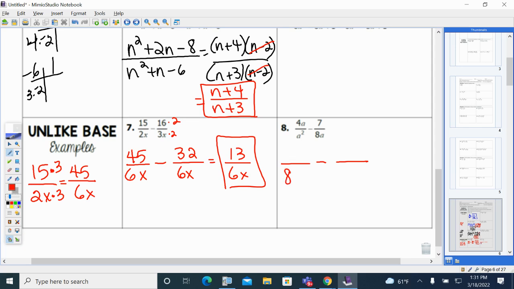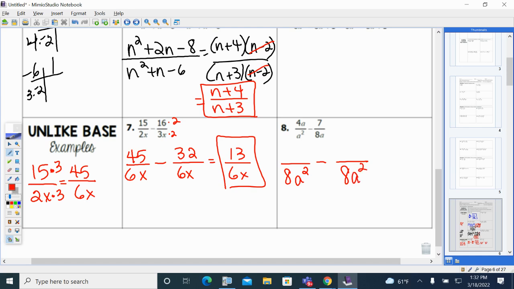The variables are confusing at first, but a squared is going to be your common denominator because you don't want more than you need, and one of them has an a squared, so I need at least a squared, and the other one has just an a. So a is going to divide into that evenly, so I'm good with just the a squared.